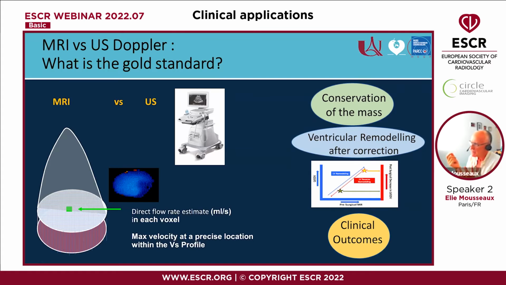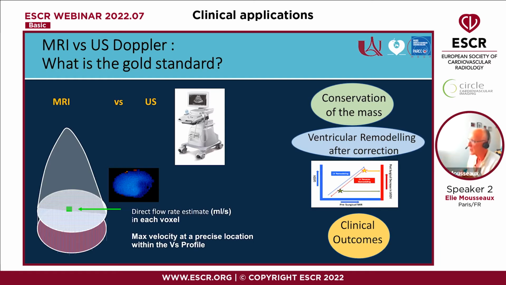Maximal velocity means that within the vessel, you have a distribution of velocity, and at a specific part of the vessel, you have the maximal velocity. Because you have spectral distribution by using the echo, if you have a good alignment of the direction of the velocity and the ultrasound, the accuracy will be great for the maximal velocity.